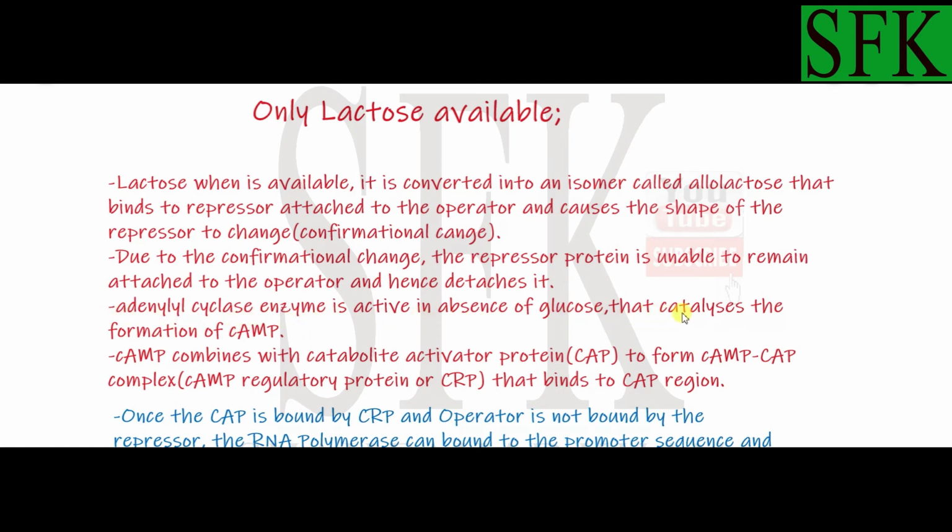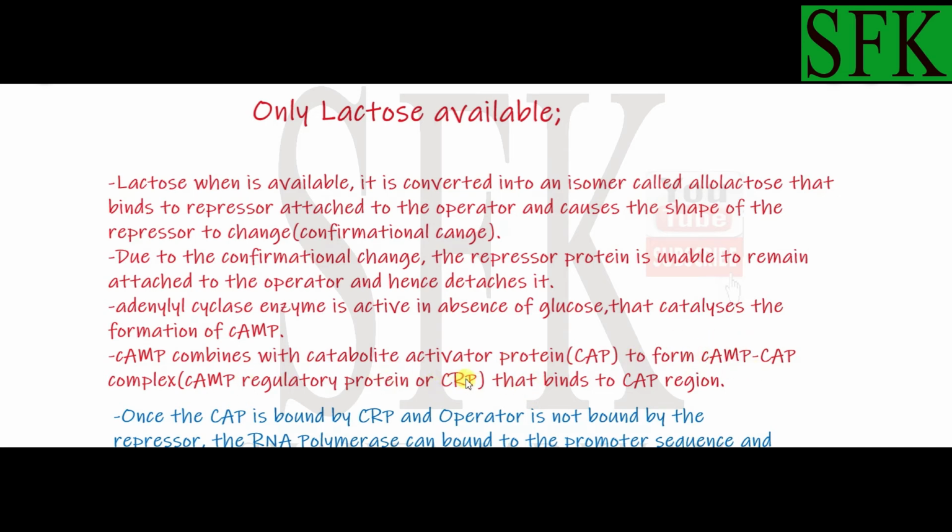In that case, it catalyzes the formation of cAMP. The cyclic AMP is produced in presence of this enzyme. Once the cyclic AMP is formed, it combines with the CAP protein, the catabolite activator protein, and forms the complex that is needed, the CRP complex.